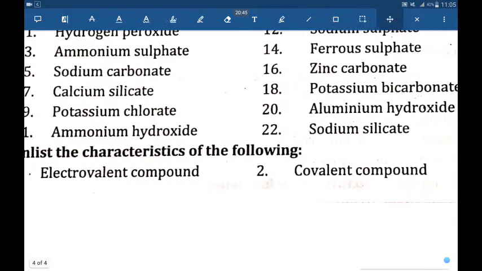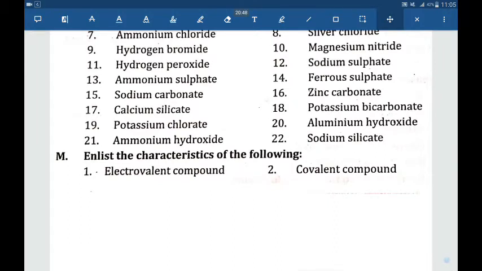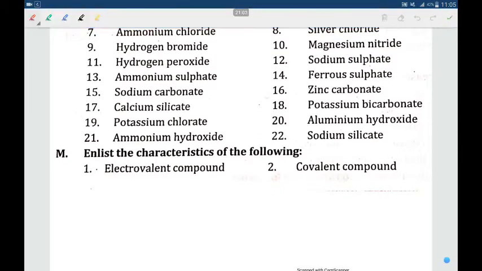Now dear students, we are discussing question number M. Enlist the characteristics of electrovalent compounds and covalent compounds. Now first, characteristics of electrovalent compounds. Number one, electrovalent compounds can conduct electricity in molten or aqueous solution.